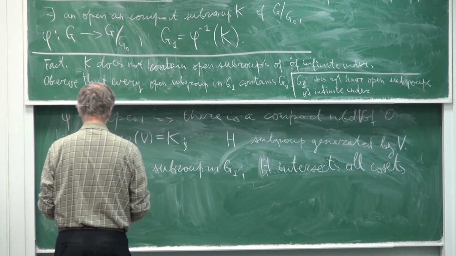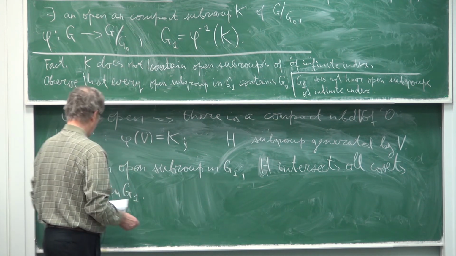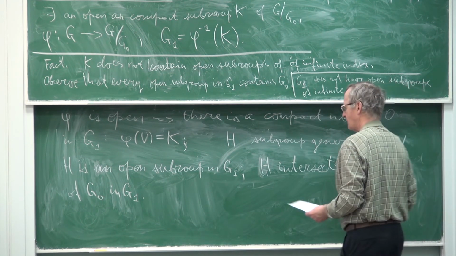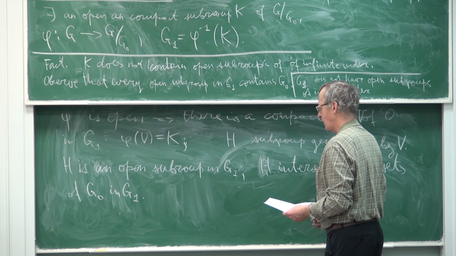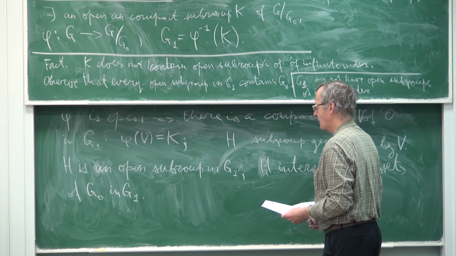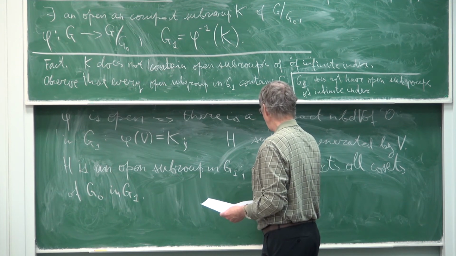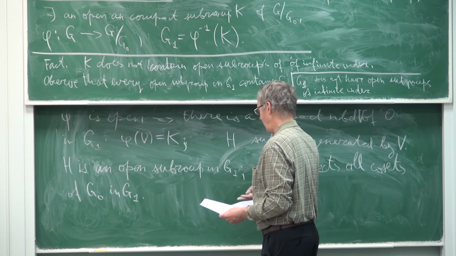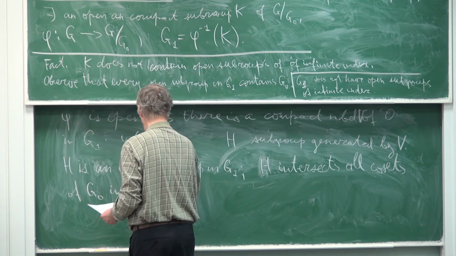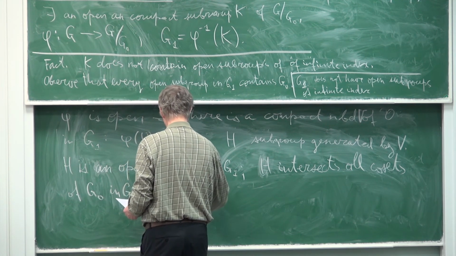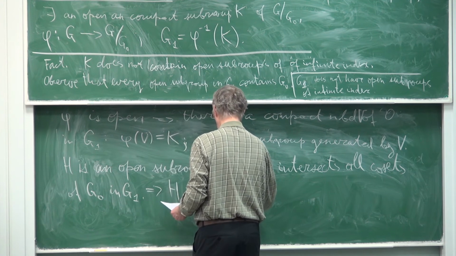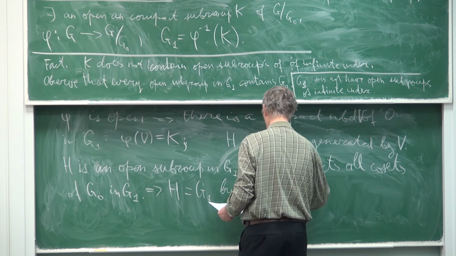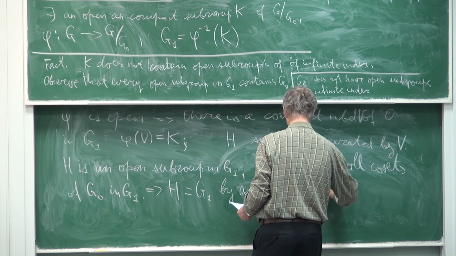Well, and all cosets of G0 are connected, so since they are connected, H cannot split any of these cosets. So all of them are included in H. And this means that simply H is equal to G1, again by a connectedness argument.